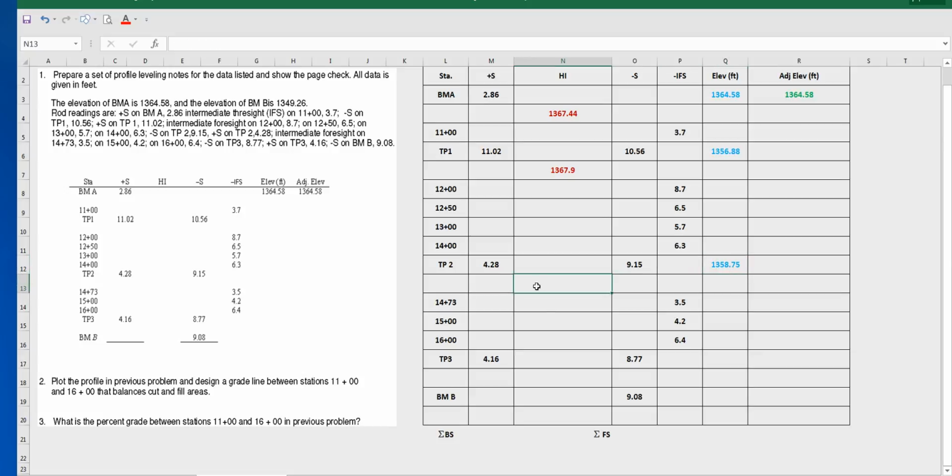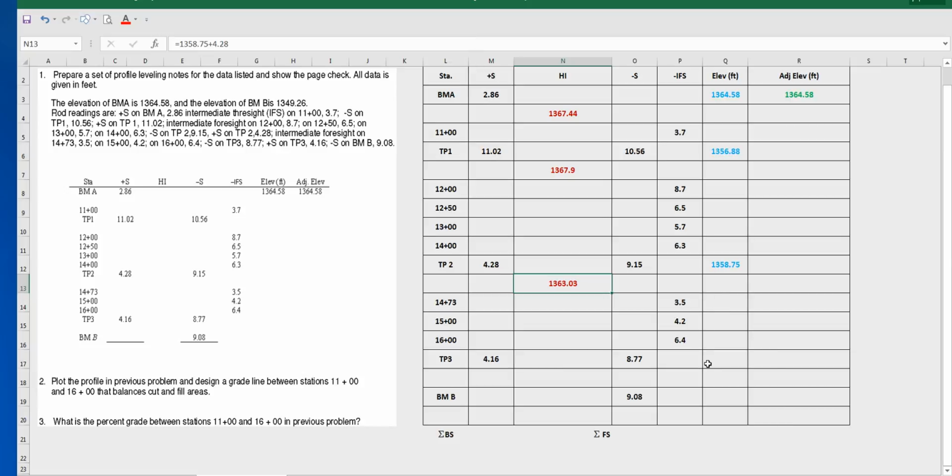Now, I'm going to take that elevation plus the backsight, and that's going to give me the HI, equals 1358.75 plus 4.28. So that's going to give me an elevation of the instrument at our third setup.